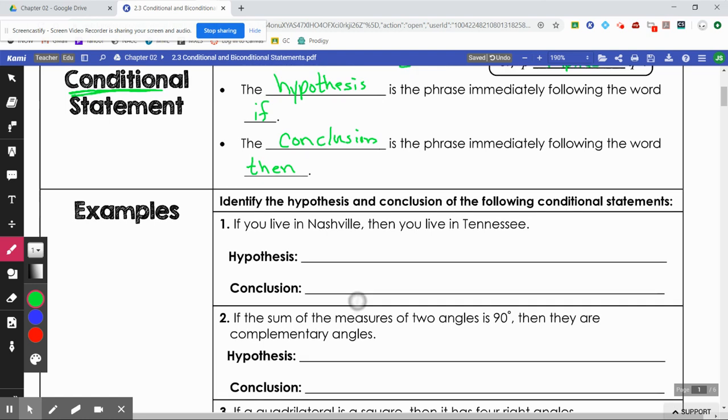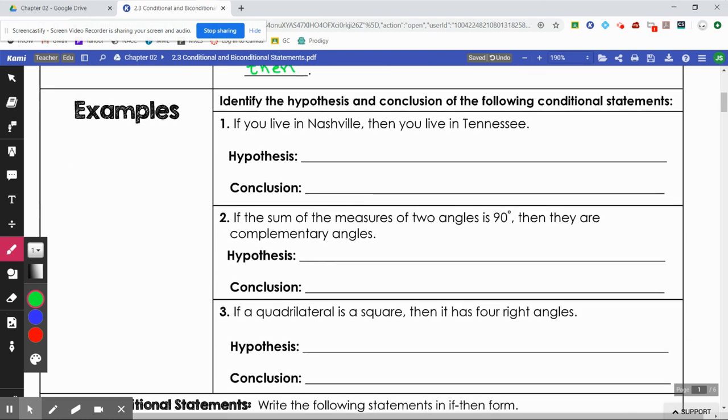Okay, so let's identify some hypotheses and conclusions. Again, some P's and Q's. Remember that the hypothesis always implies the conclusion. The hypothesis is the if part, the conclusion is the then part. So if you live in Nashville, that would be your hypothesis.